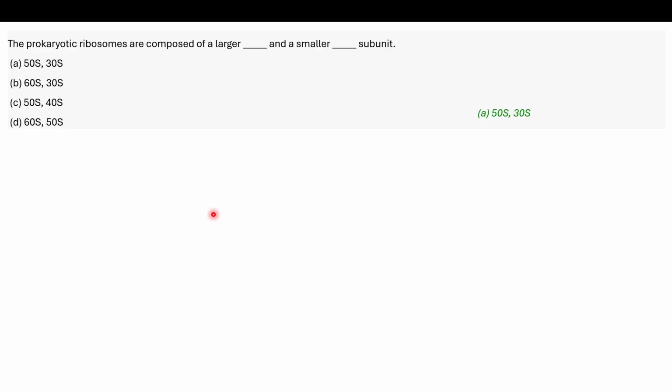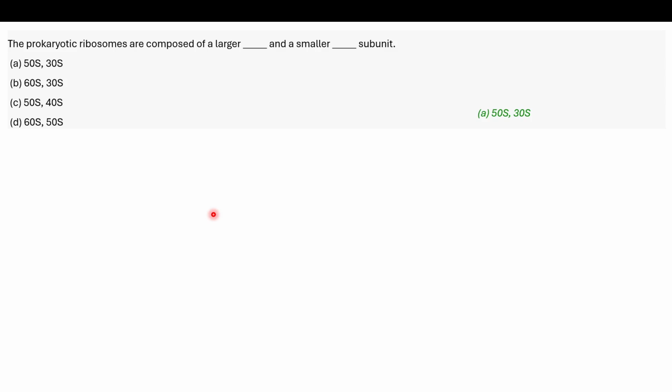So basically, the S here represents the Svedberg unit, right? It depends on the time taken by a macromolecular complex to settle down, or move down during centrifugation. All this depends on the overall constituents of the complex, or rather the ribonucleoprotein complex, because ribosomes are made up of ribosomal RNA and ribosomal proteins.